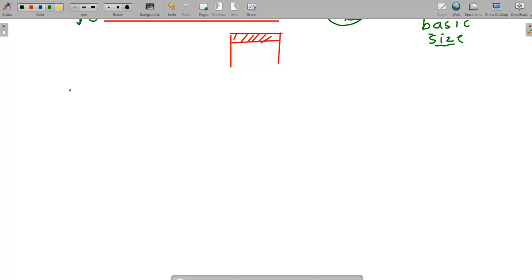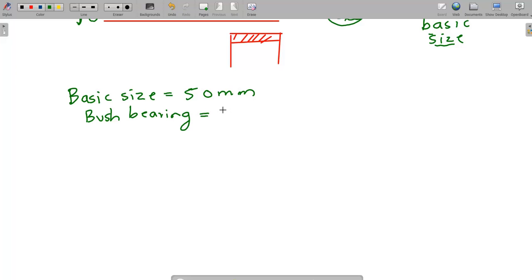A 50 diameter shaft, so basic size will always be equal to 50 mm. First see what is given. In this case a bush bearing is given. The bush bearing will act as a hole.